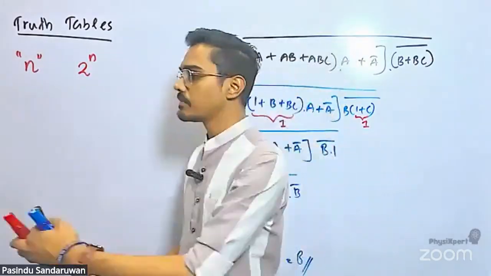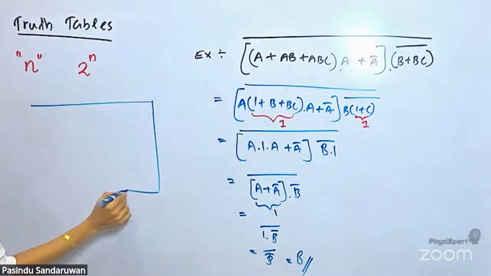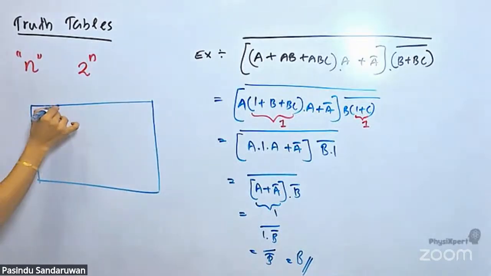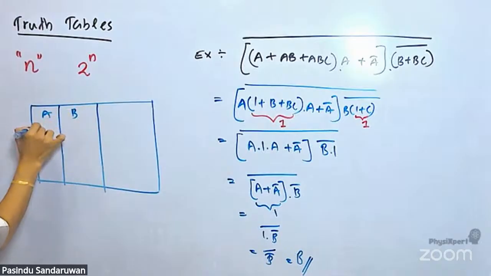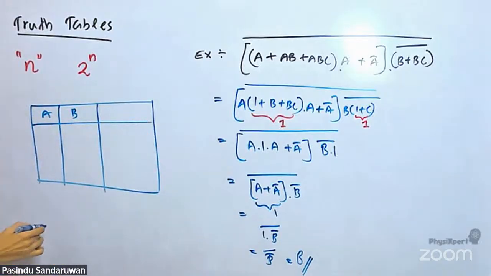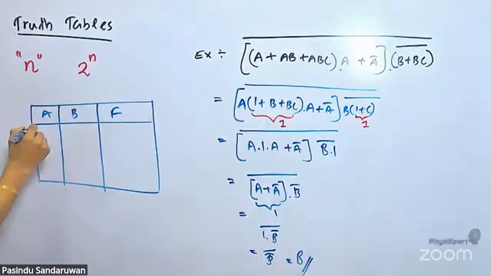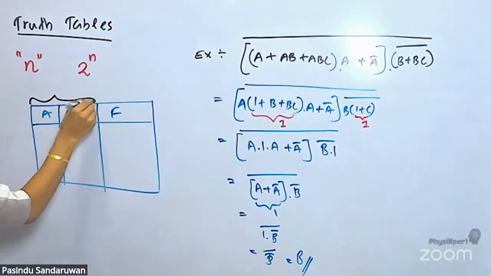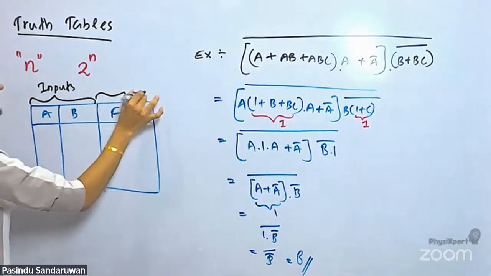Now, as an example, look at the board. Say we have two input variables in a truth table, A and B, and we denote the output by F. These are the input variables, and F is the output.